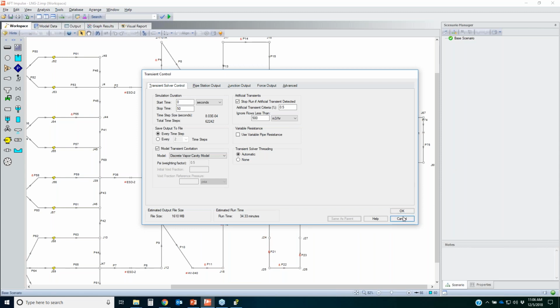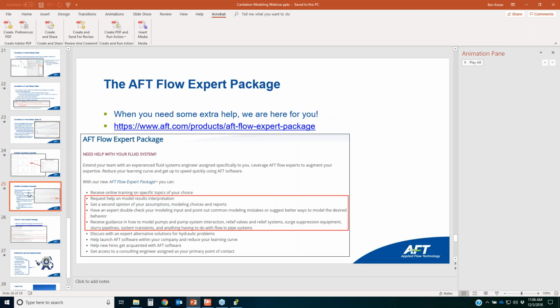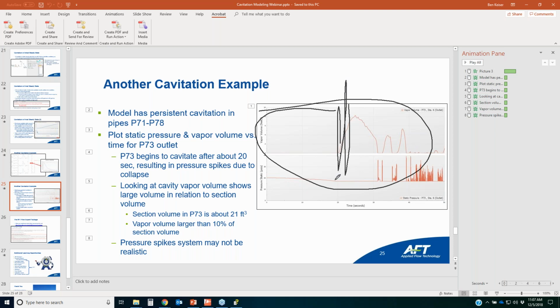But essentially, what you would start to see is this transient response that I already plotted in the screenshot. The key thing is, when you're evaluating your results, don't just look at one single pipe station. That's not going to give you an indication of the whole story.